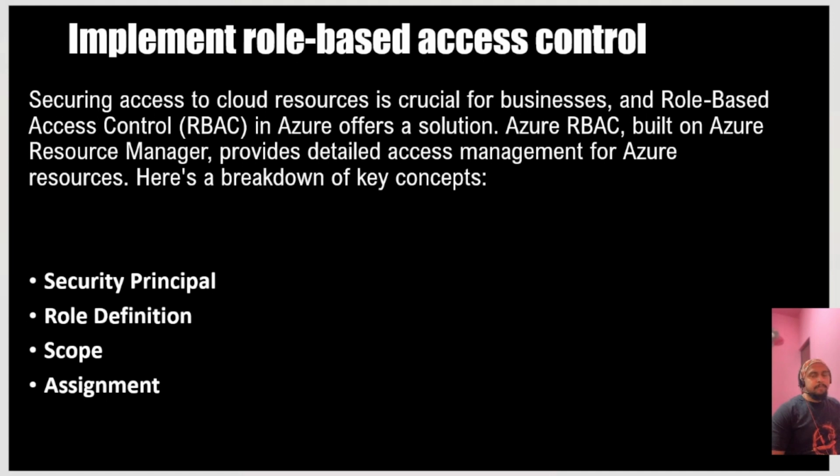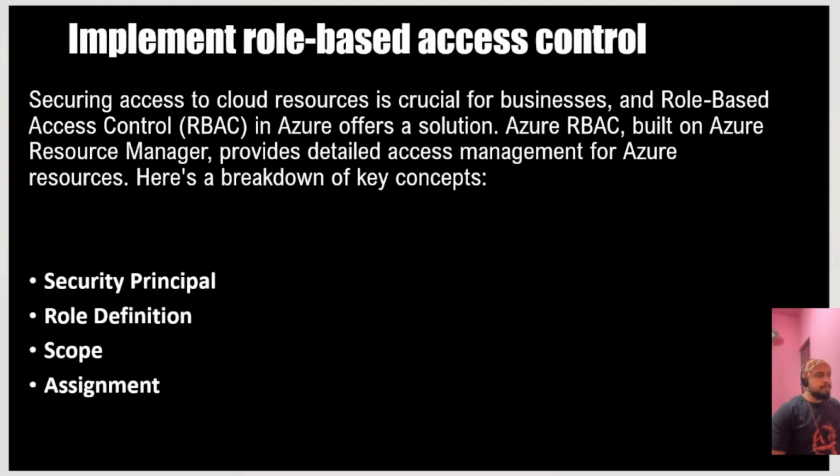Examples are users, groups, managed identities, the key identities. Then comes role definition. Here you specify the allowed operations with built-in or custom roles. That's the key takeaway. Examples could be reader, contributor, owner, user access administrator, etc.